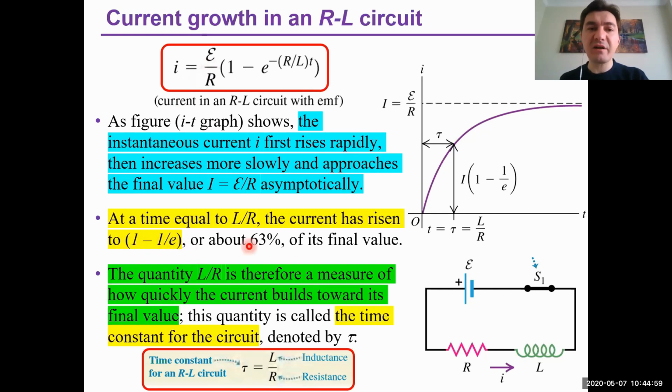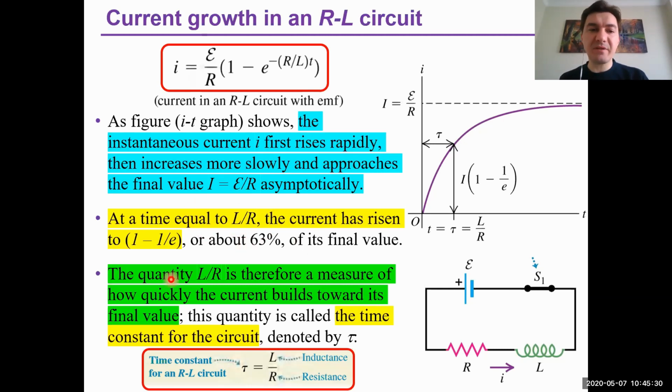So it is about 63% of its final value. So when the time is equal to L over R, the current in the circuit is given by that expression, I times 1 minus 1 over e. So it has increased to that value within that time.